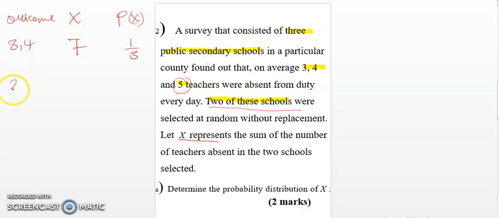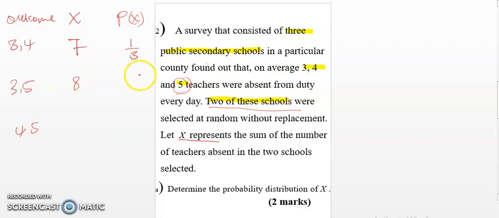So we have 3 plus 5, because we know we have 3 and 5. The next outcome will simply be 4 and 5. So 3 plus 5 here will give you 8.